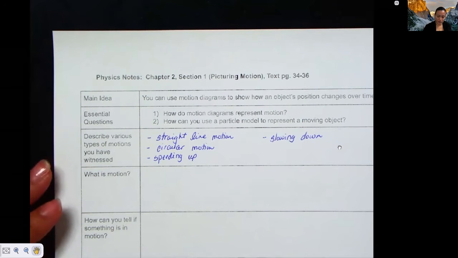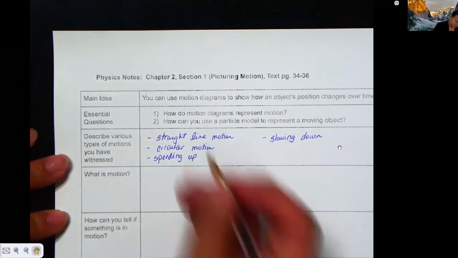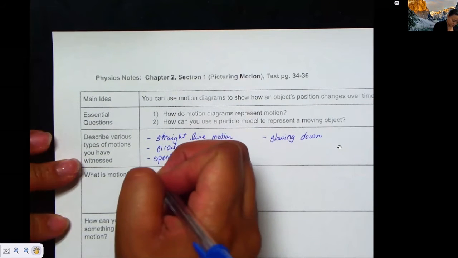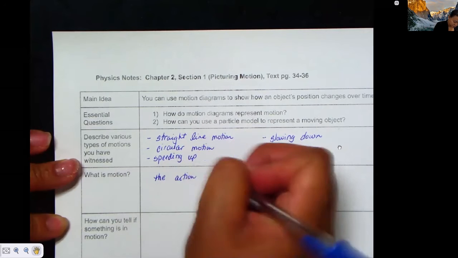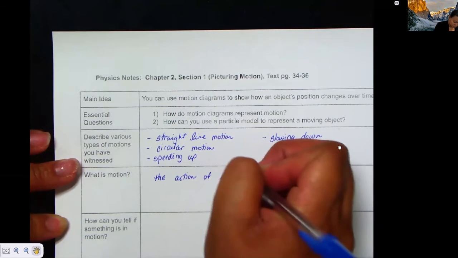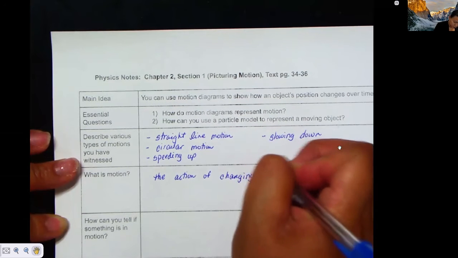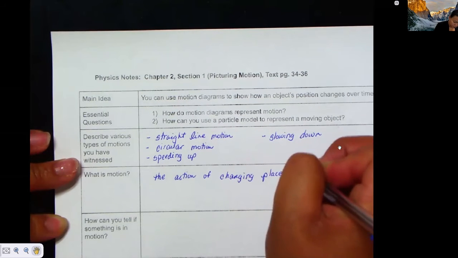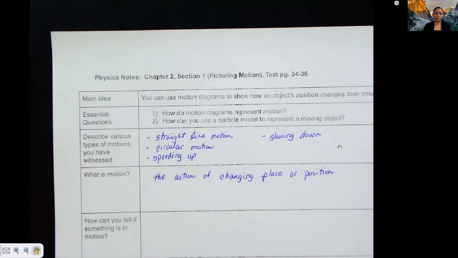Okay, motion is the action of changing place or position.